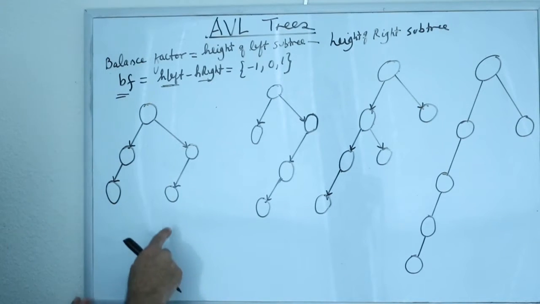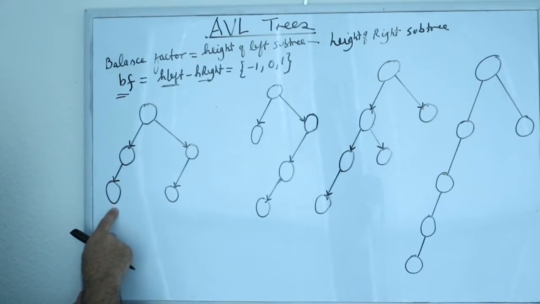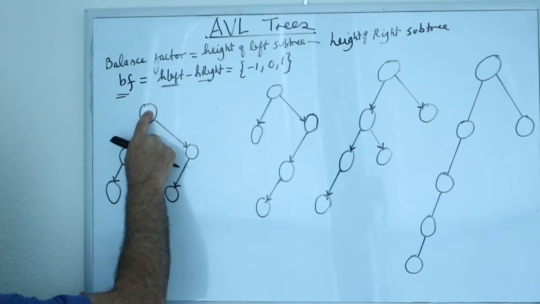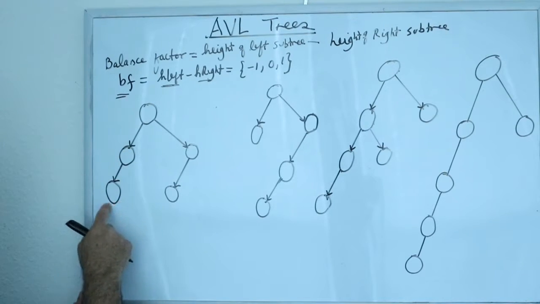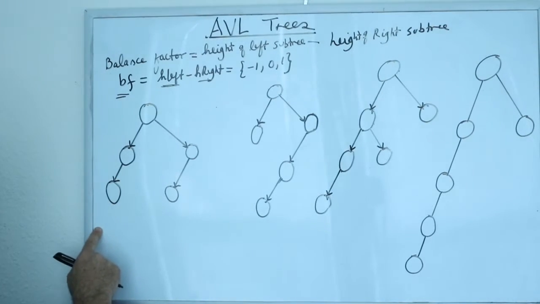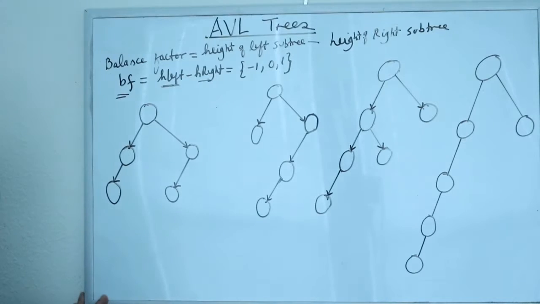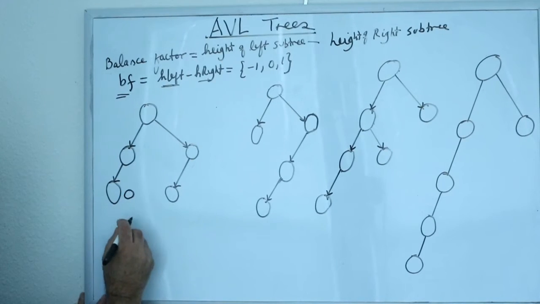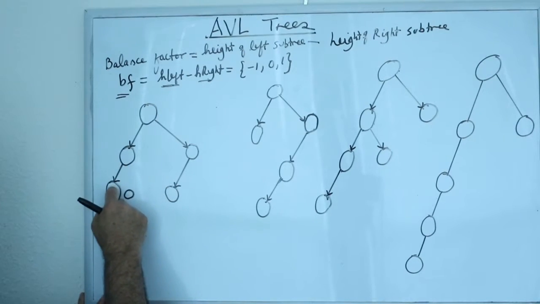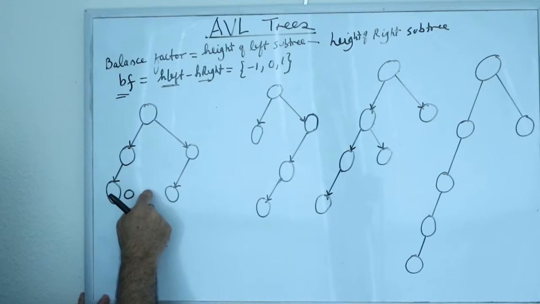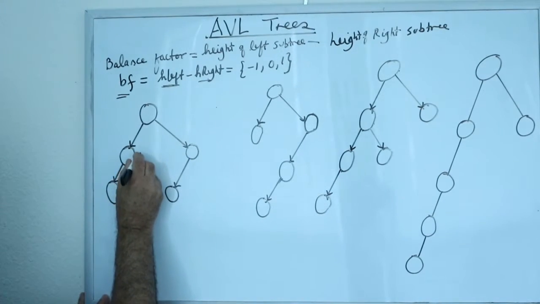So let's look at this. I'm going to start with this node here. These are the roots. So this is a root, that's a leaf, that's a subtree. Now this has a left subtree and a right subtree. If I do 0 minus 0, that gives me a 0. Now here I have a 1 and a 0 right subtree, so 1 minus 0 is a 1.